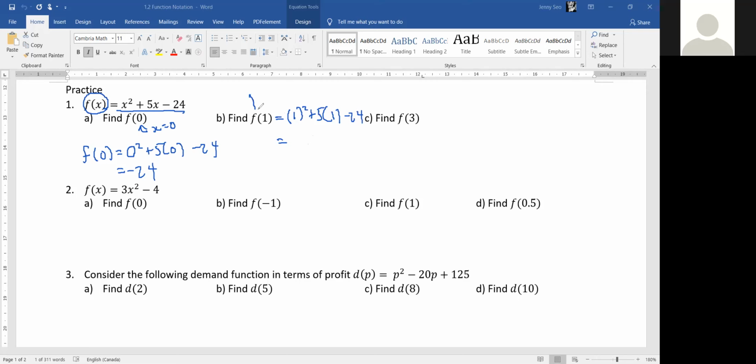Yes, because the function symbol was an f, it's always referring to what I defined as f. It's sort of like coding, right? You have defined f to be this, so every time I refer to letter f, I am going back and using this. If I define this as g, and then I wrote f of something, they are not the same equation, so I can't do anything. It has to match.